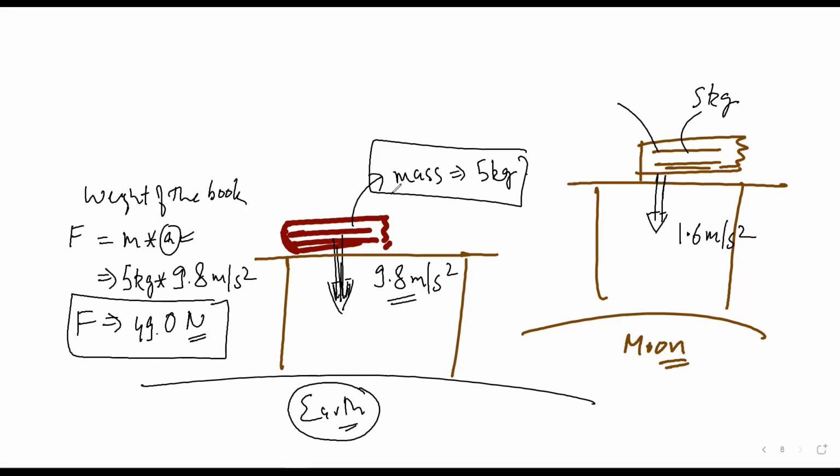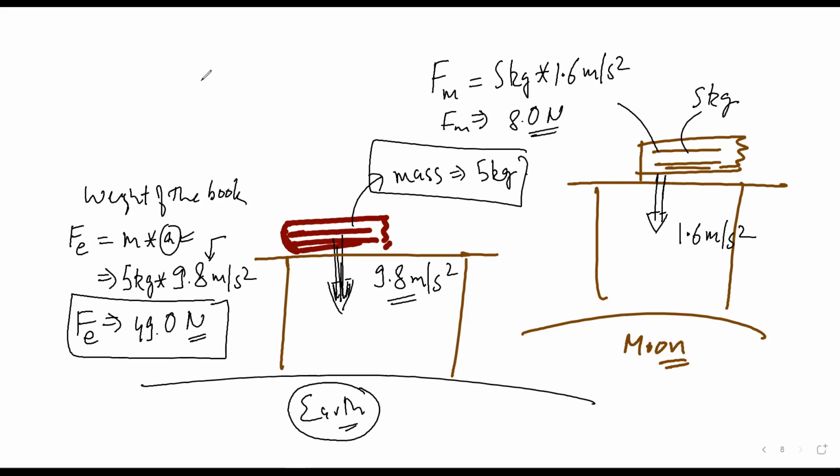Now here, the force with which moon would be attracting this, see, this was the force with which Earth was attracting, but moon will attract this with a force equal to 5 kg into the acceleration that moon can provide, which is 1.6 meter per second square. So this will be 8 Newton.